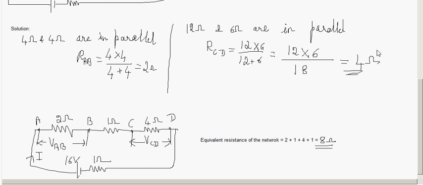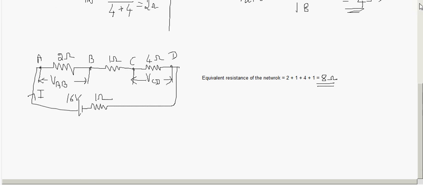Let I be the current in the circuit. Therefore, VAB is equal to I into RAB, that is the resistance between A and B. Similarly, VCD is equal to I into RCD, the resistance between the points C and D.